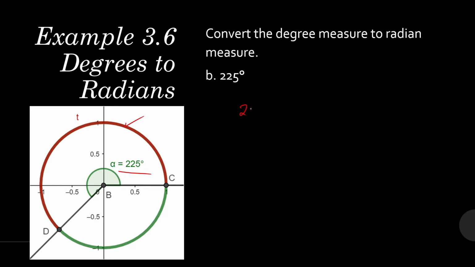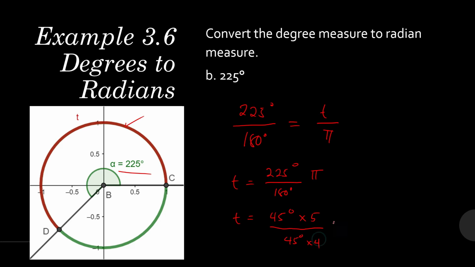So the ratio of 225 degrees to 180 degrees is equal to the ratio of our arc, t, to pi. Solve for t. So the radian measure of an angle whose degree measure is 225 degrees is 5 pi over 4 radians.